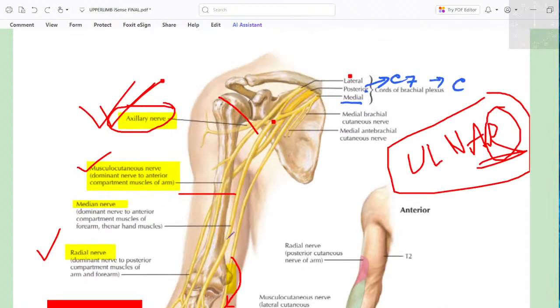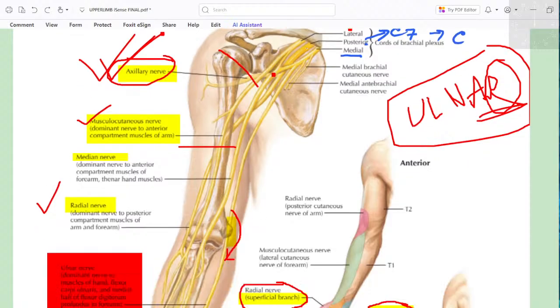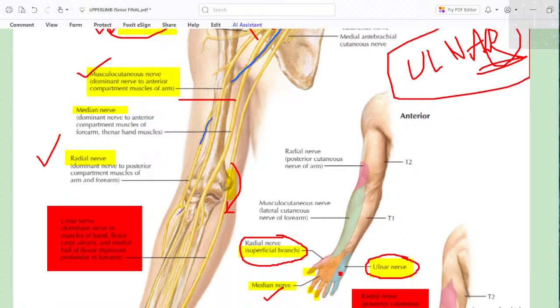And the posterior, see, it is going posteriorly, and at the elbow joint it comes in front of the bone.